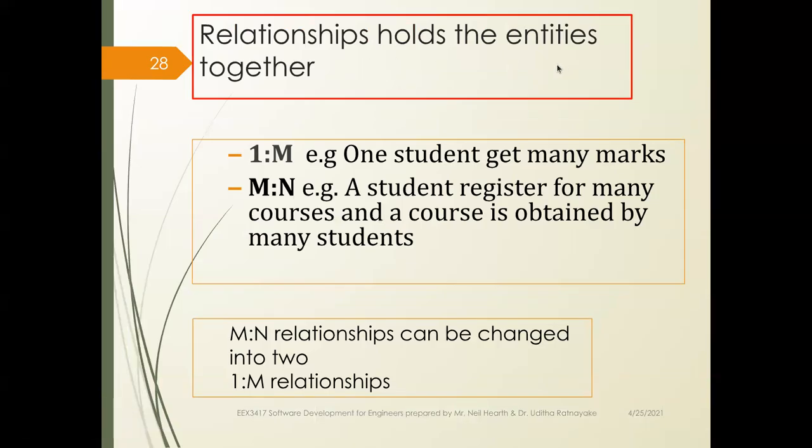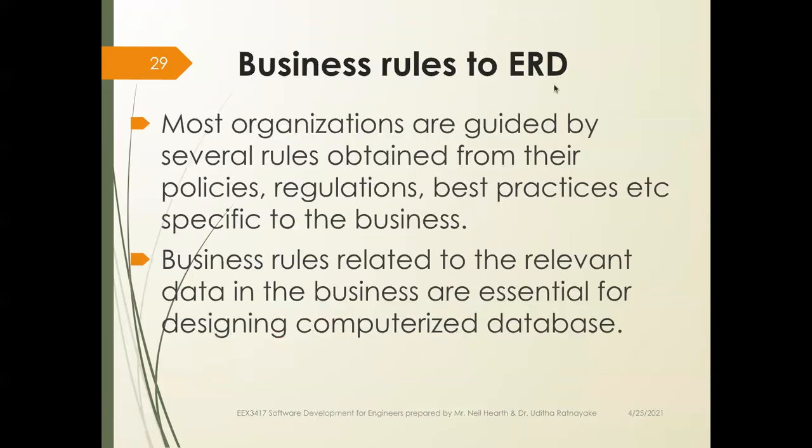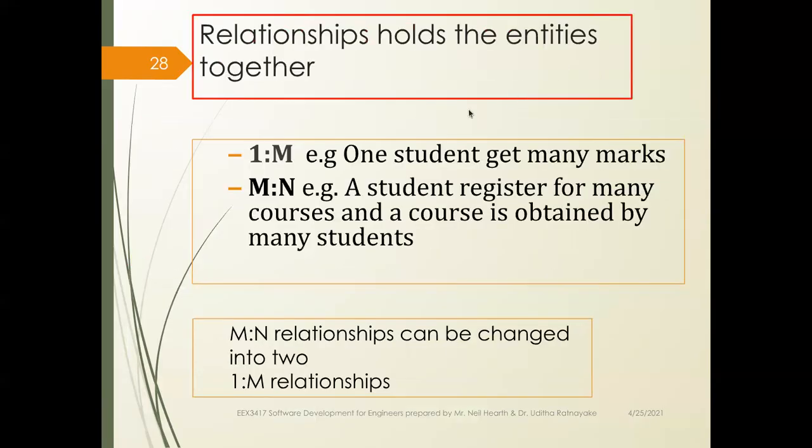Relationships hold the entities together. There are four types of relationships: one to many, many to one, many to many, M to N, the two sides.